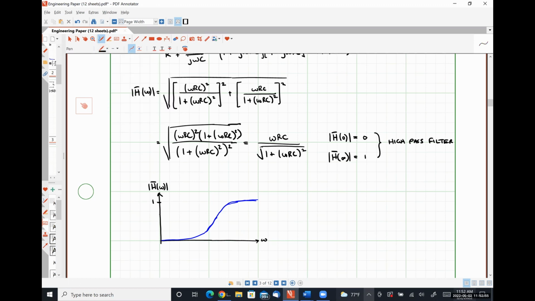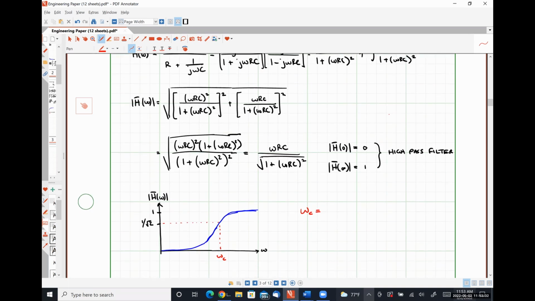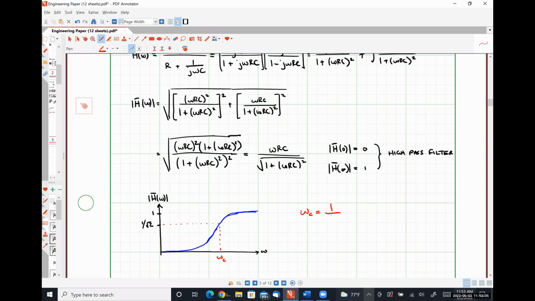And our corner frequency will once again correspond to when our signal strength is exactly equal to 1 over square root of 2, which occurs when omega c is exactly equal to 1 over RC.